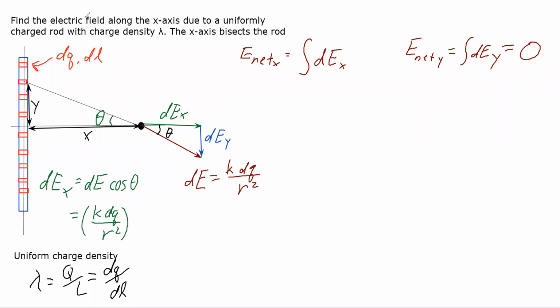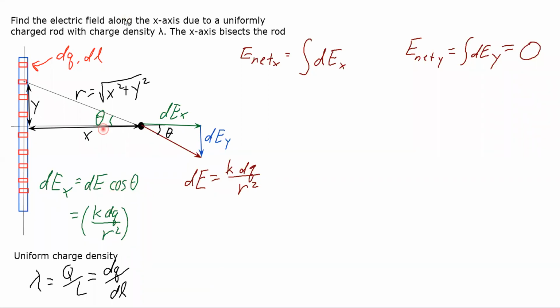And then my hypotenuse, which is r. The hypotenuse we can easily solve for, right? You use the Pythagorean theorem and you get the square root of x squared plus y squared for your hypotenuse.